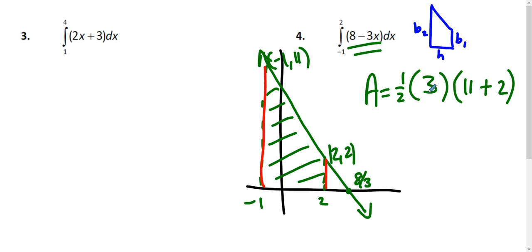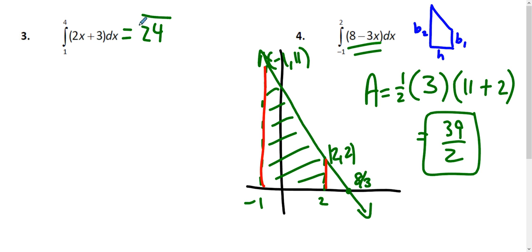That's 13 times 3, 1/2 of that. That's the area. And so the integral from -1 to 2 of 8 minus 3x dx is 39/2. Similarly, this integral value is 24. It's a trapezoid, and you should be able to figure that.